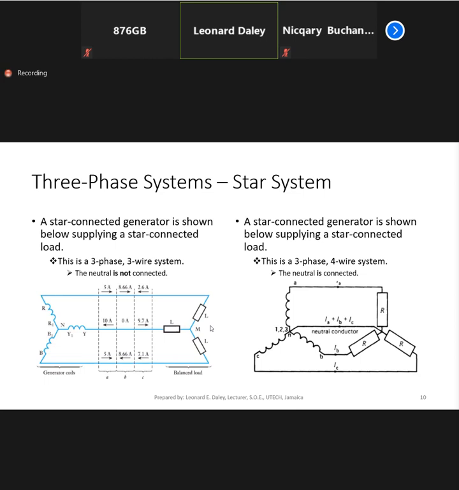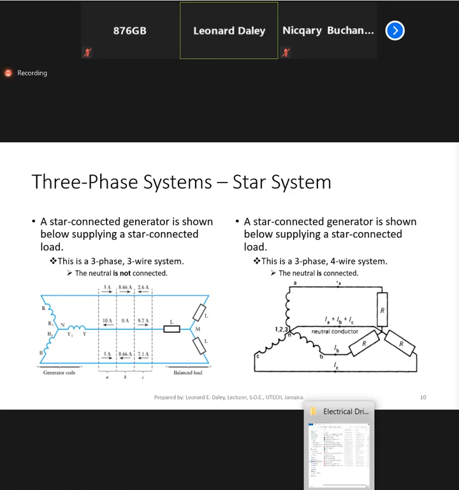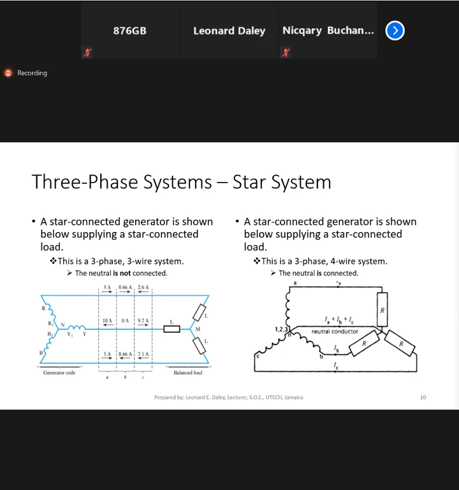Later this evening we will speak a little more about three-phase, three-wire and three-phase, four-wire systems. But yes, it is possible to have three-phase, three-wire for the star also.